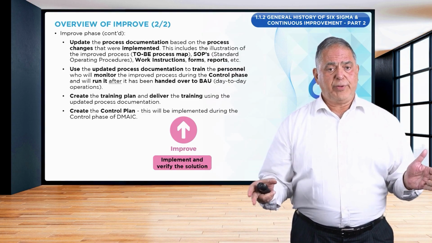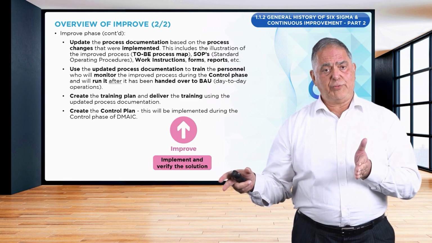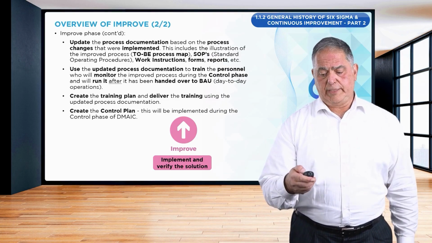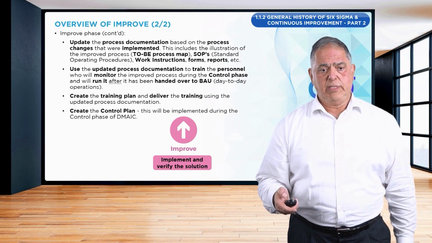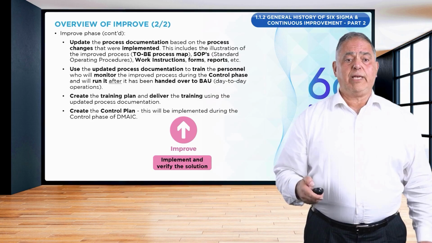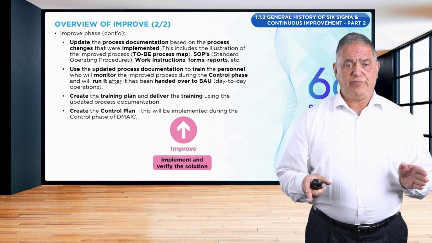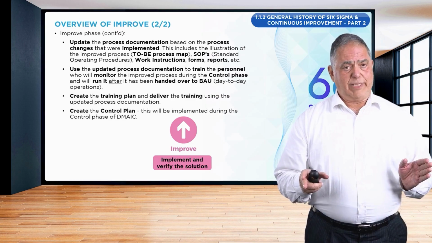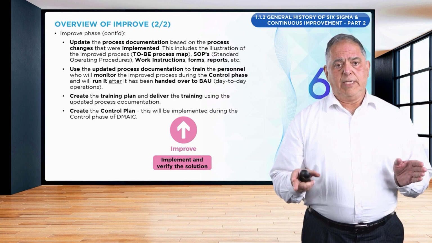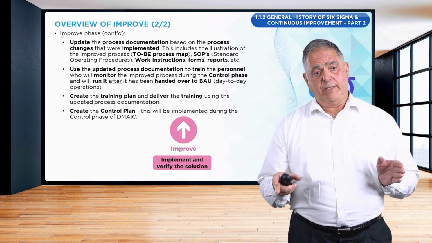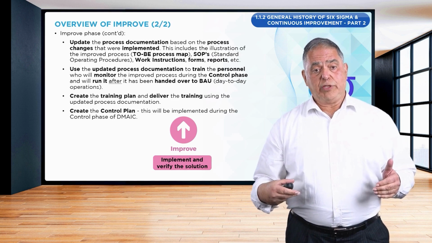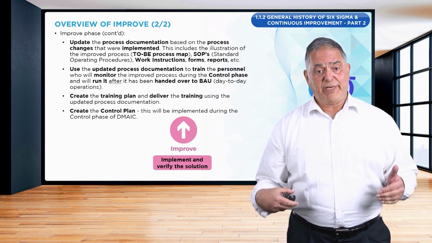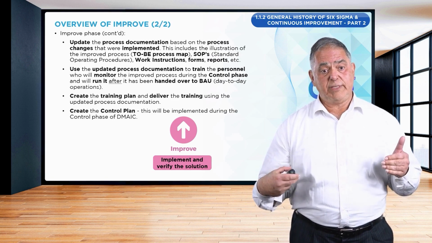So we create a training plan, we deliver the training using the updated process documentation, and the last thing we do during the improve phase is we create the so-called control plan. The control plan will be our blueprint in order to monitor the improved process during the final phase of DMAIC, which is the control phase.